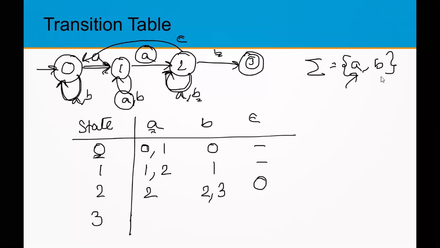And for state 3, there are no arrows coming out, so this is all empty. This is called the transition table. Given any NFA, we have to keep the transition table ready so that we can easily convert our NFA to the DFA. In the next videos, we will see the other steps for the conversion.